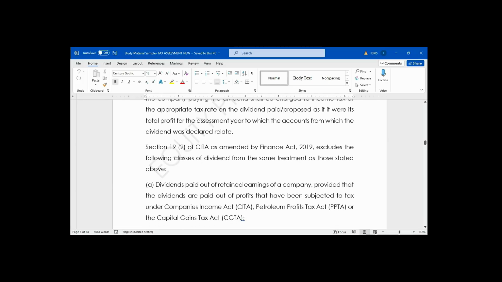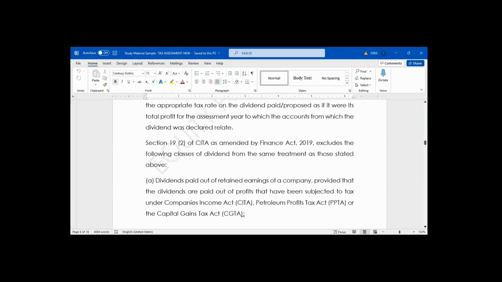However, what are the exemptions? The Finance Act 2019 made exemptions to dividend assessment.